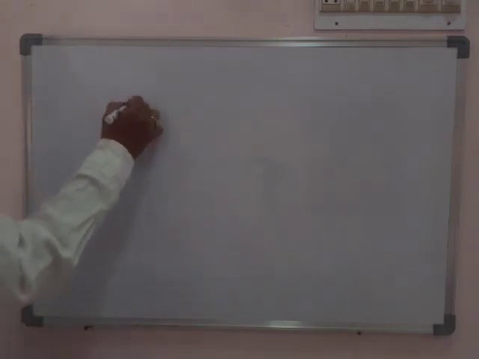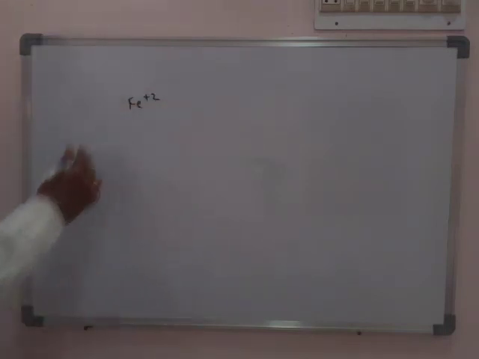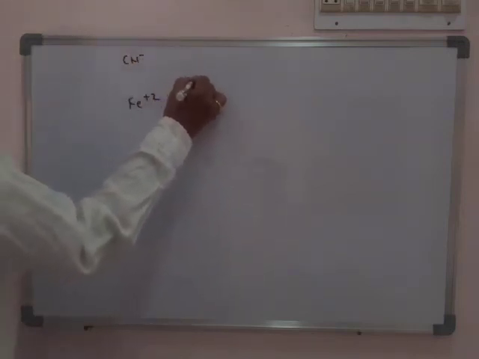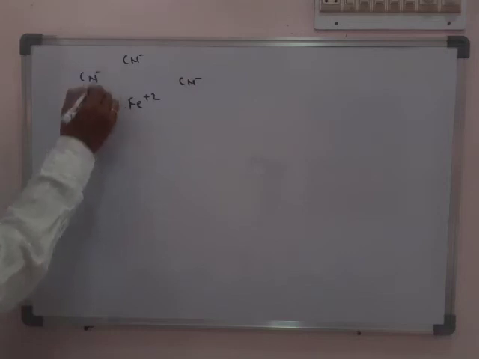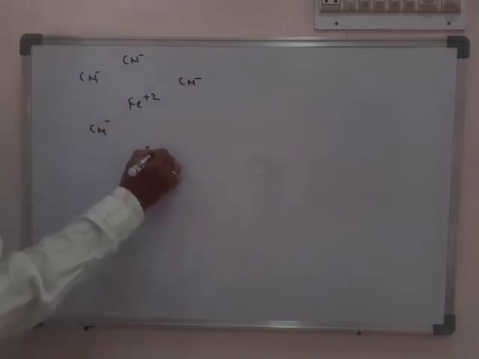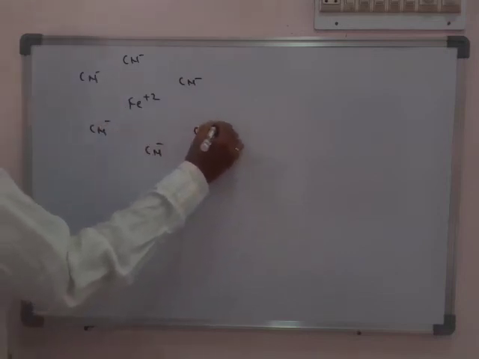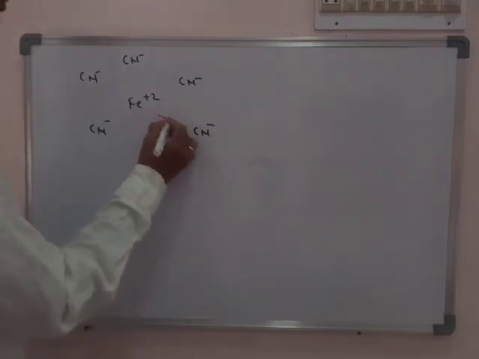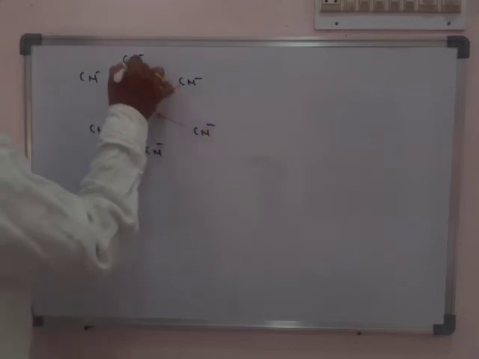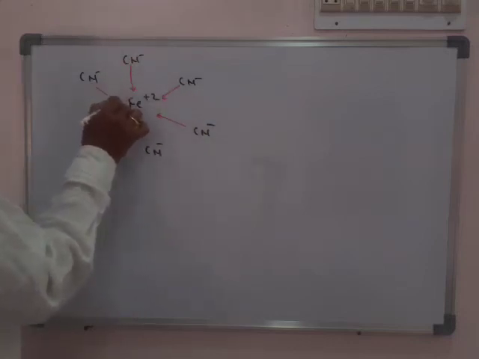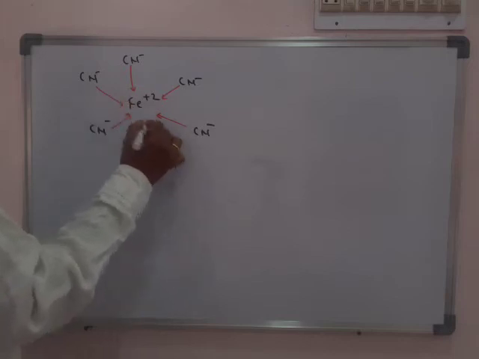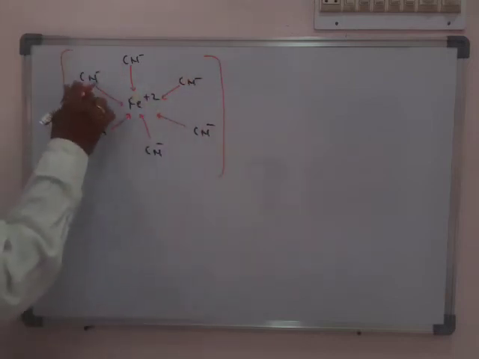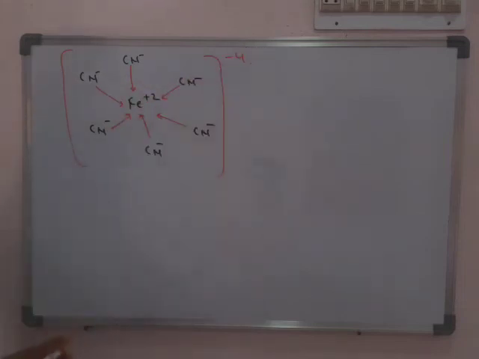So if you see this Fe+2, in the given compound, Fe+2 CN minus, the complex portion is like this. CN minus, the central metal ion, all cyanides each provide 1 electron pair. So the total charge, minus 6 plus 2, is treated as minus 4.